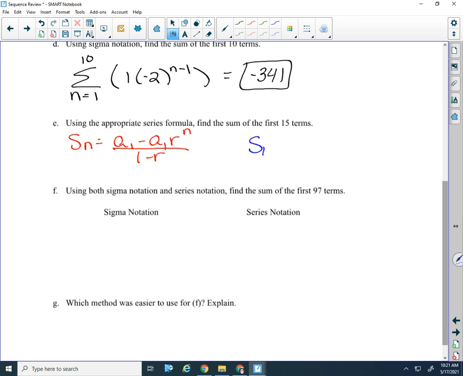So we would say S sub 15, our first term is 1, -2 to 15. So 1 minus -2. And when you put that in your calculator, you get 10,923.